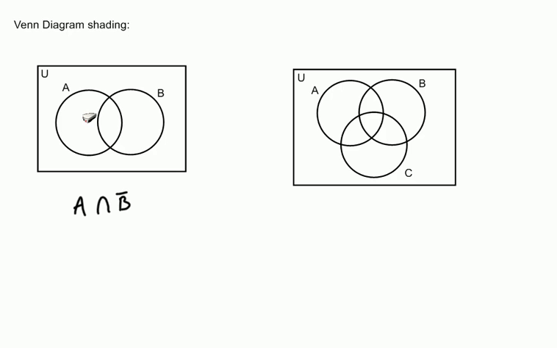So there's another method we can use where we essentially recognize every region, 1, 2, 3, 4 regions here, and 1, 2, 3, 4, 5, 6, 7, 8 regions here, and we'll label them. Now, traditionally, we use Roman numerals. Okay, I, II, III.